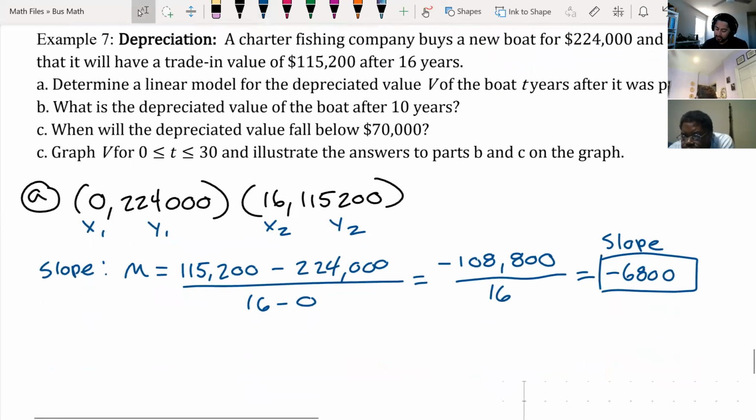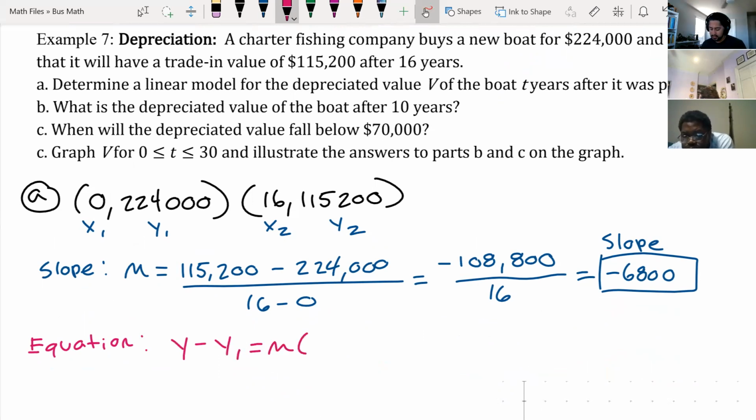And then once we have the slope, we can find the equation. I'll rewrite this formula. Y minus y1 equals m times x minus x1. Actually, in this problem, it's going to be t. We're not really using x, but I already used x above, so I'll just keep it as x. Just when we get to the final answer, remind me to replace x with t, if I forget to.